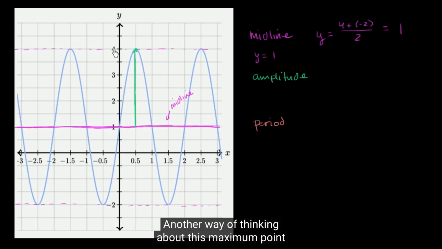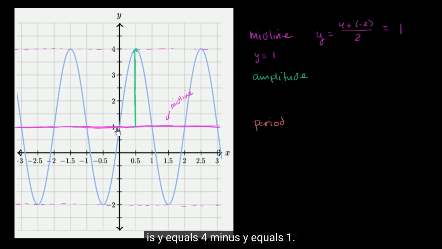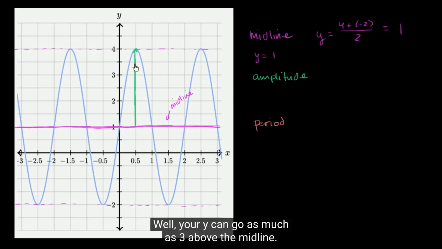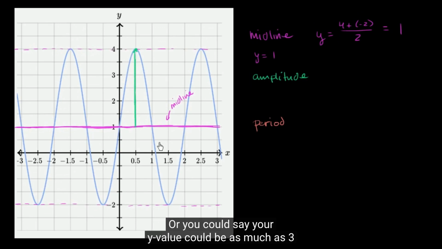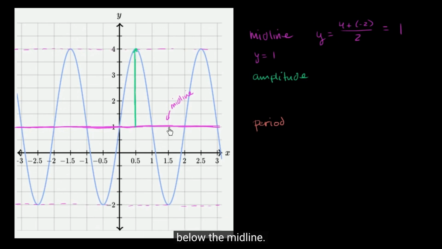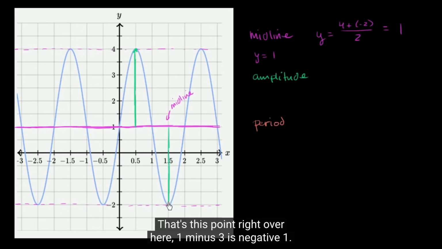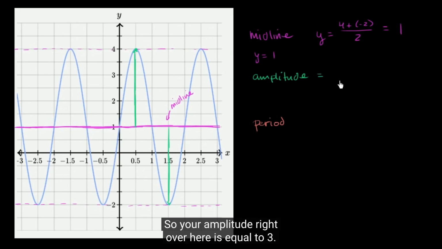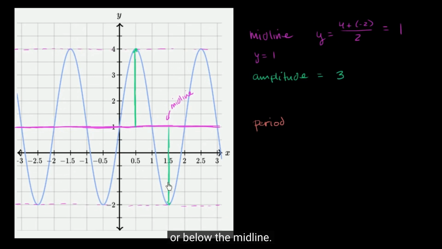Another way of thinking about it: y equals 4 minus y equals 1 is 3. Or your y value could be as much as 3 below the midline. That's this point right over here: 1 minus 3 is negative 1. So your amplitude is equal to 3. You can vary as much as 3 either above or below the midline.